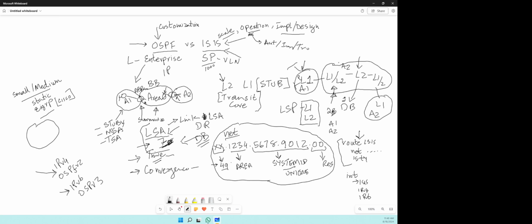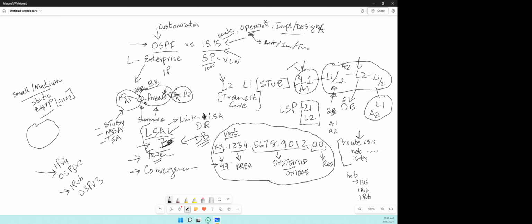For the time to converge, it's only got two types of information that contain all the link information. So the time to convergence is very quick, the calculation and all that. So ISIS scales, and operationally it's definitely easier to deploy. And implementation and design is very, very easy compared to OSPF.